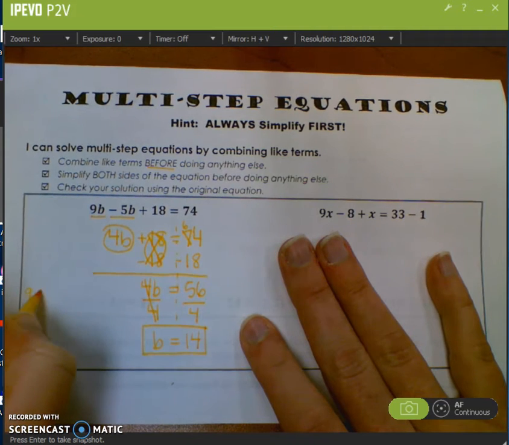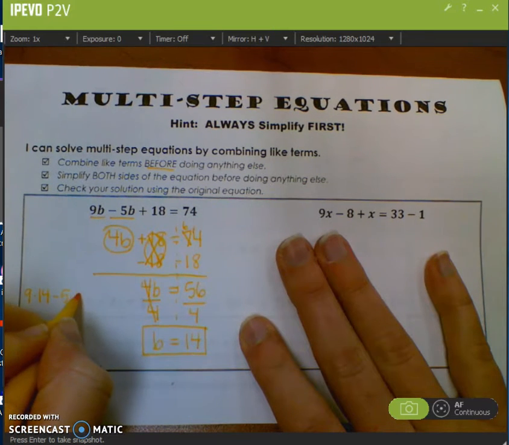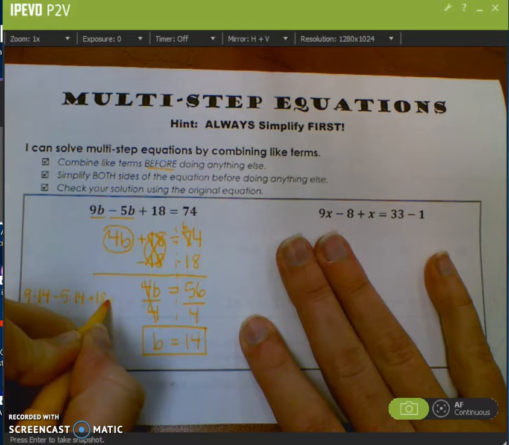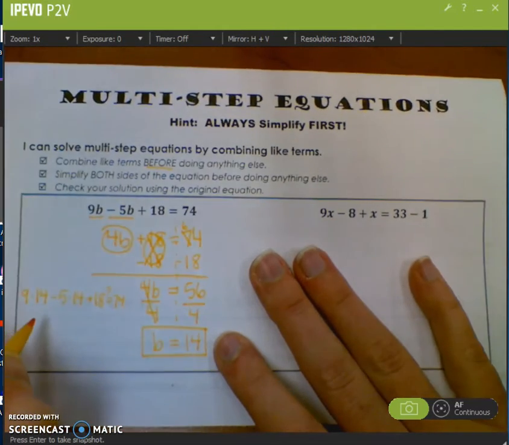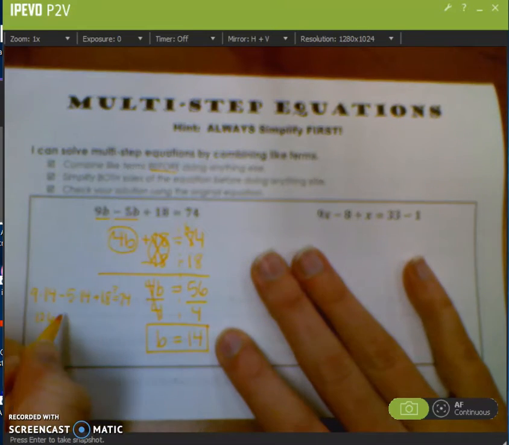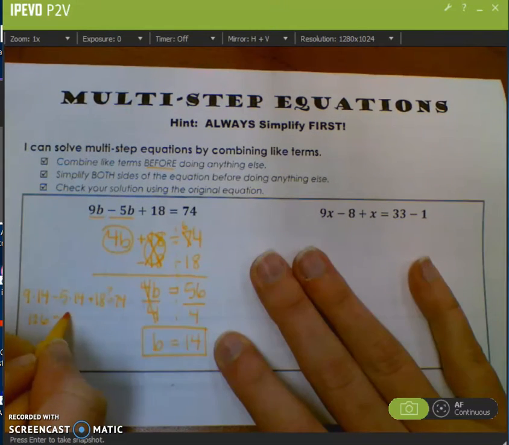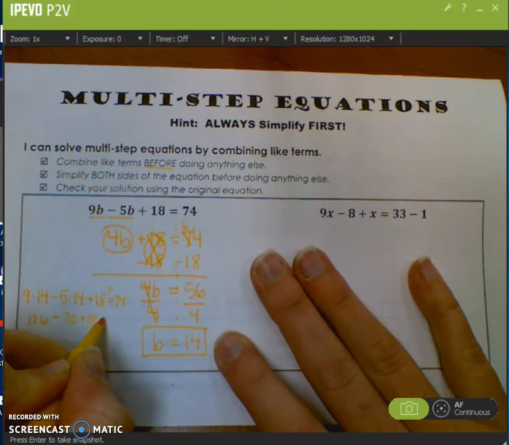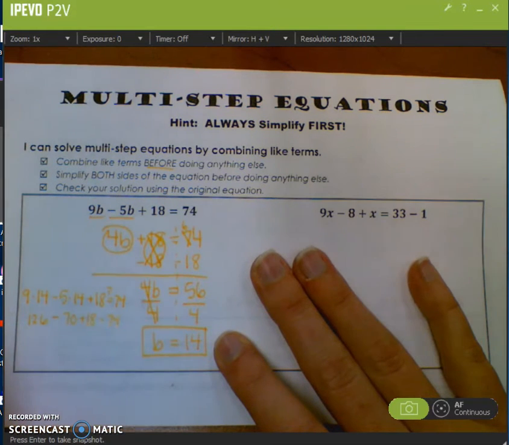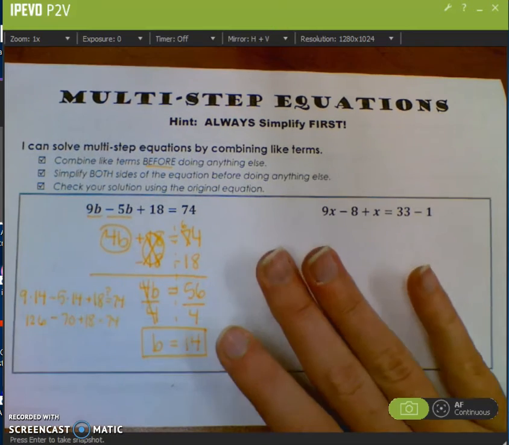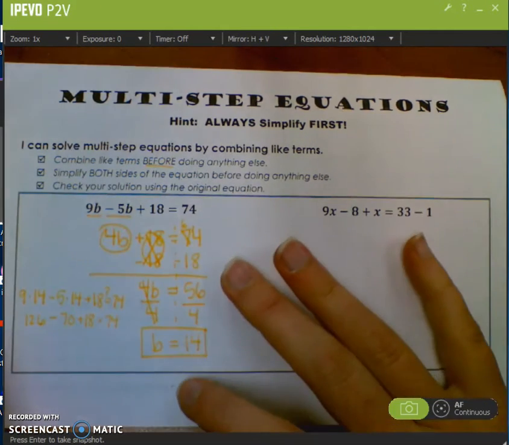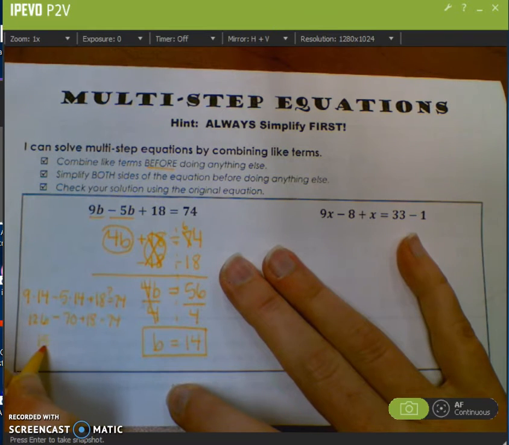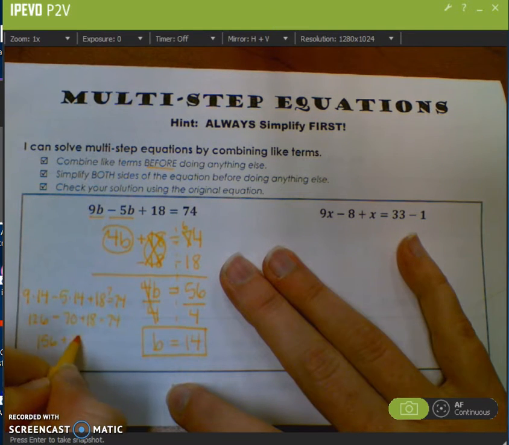So 9 times 14 minus 5 times 14 plus 18. And we want to know, is that equal to 74? 9 times 14 is 126, minus 5 times 14 is 70, plus 18. 126 minus 70, I believe that's 156, plus 18, and we want to know, is that equal to 74?